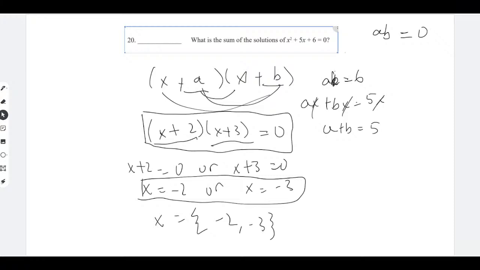When you say sum of the solutions, I don't understand what solutions mean in this case. Okay, so solutions, it's basically just asking you to solve for what x is, right?